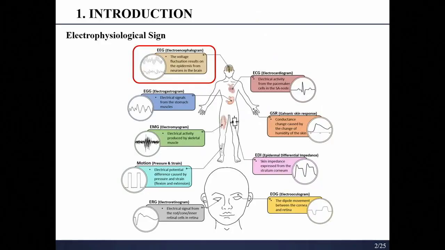The muscle signal is the electromyogram, EMG, and the eye signal is the electrooculogram, EOG. Among these many biosignals, EEG and ECG are very important biosignals of our body related to our life. So I'm going to focus on the EEG signal and EEG signal measurement devices.